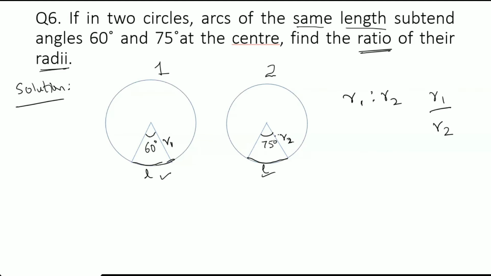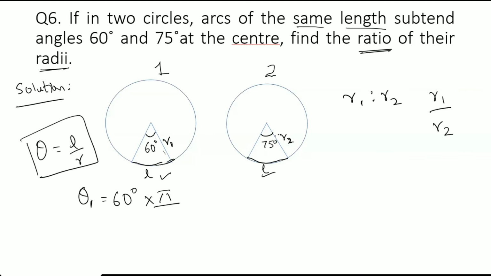So what we can do is, the angle is given, the arc length is the same, and the radii are not given, right? So let's just write for circle 1, theta 1 is 60 degrees, and I convert this into radians because theta should always be in radians when we are using the formula theta equals L by R. So we are going to use this formula here.